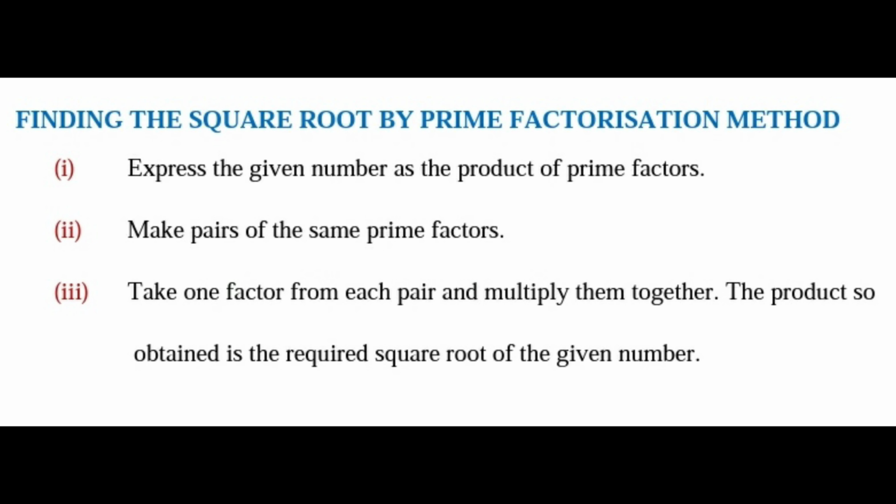Second, make pairs of the same prime factors. And then third, take one factor from each pair and multiply them together. The product so obtained is the required square root of the given number.